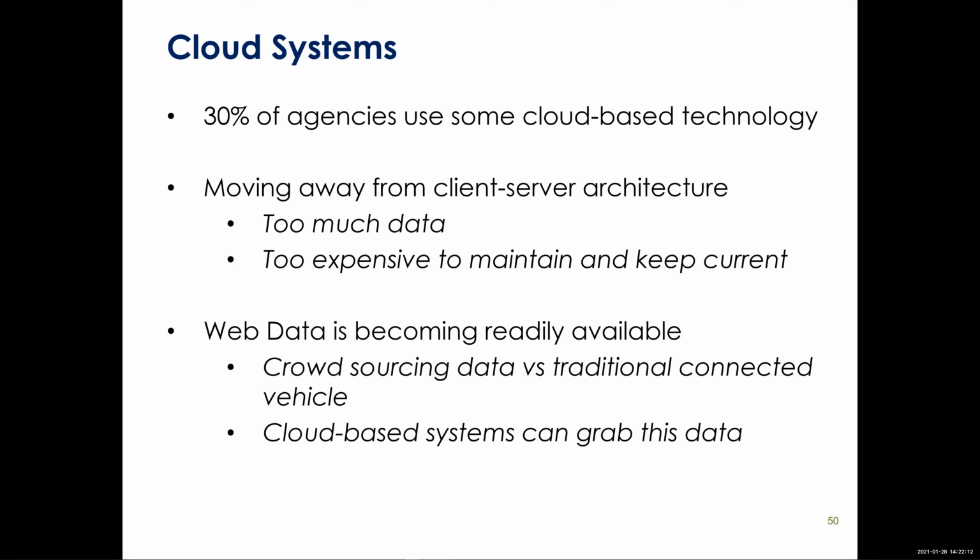Also, with all the web data becoming readily available, we're looking at crowdsourcing versus traditional connected vehicle. It's really amazing to see all these changes that are coming through and where the future is headed. Because it's all cloud-based already, it's really easy for other cloud systems to grab this data and pull it in and use it in their analysis.